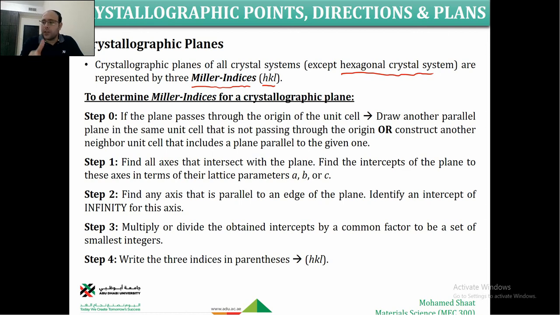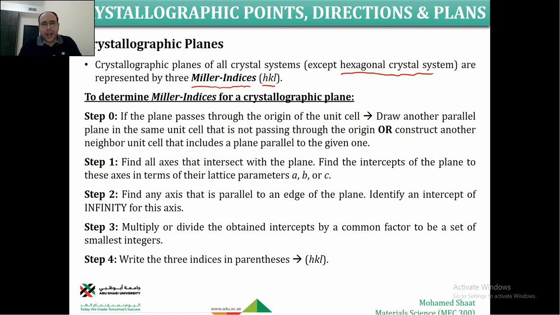Why so? This is very similar to what we discussed in the last video, because of the equivalency that should be achieved between the different directions and the different crystallographic planes. We said that there is a problem if we use three-index notation to describe the crystallographic direction for a hexagonal crystal. This would lead to directions that should be equivalent having different indices.